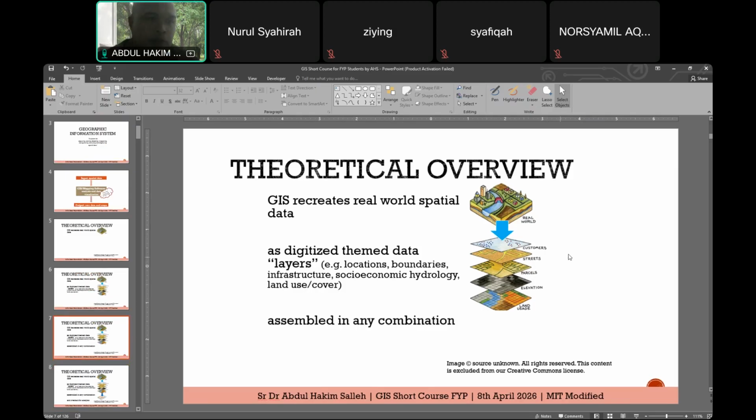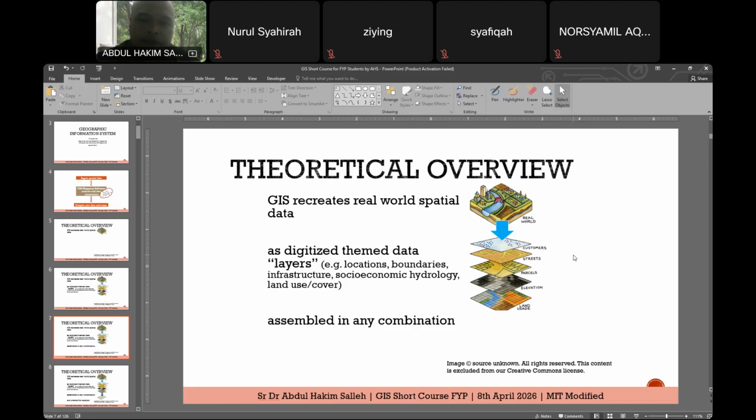And then this data is assembled in any combination. It's up to you whether you want to focus on water quality. You need to assemble it in a way that highlights the rivers, for example. For flood, it highlights the residential area so that we can count how many houses are affected by the flood.